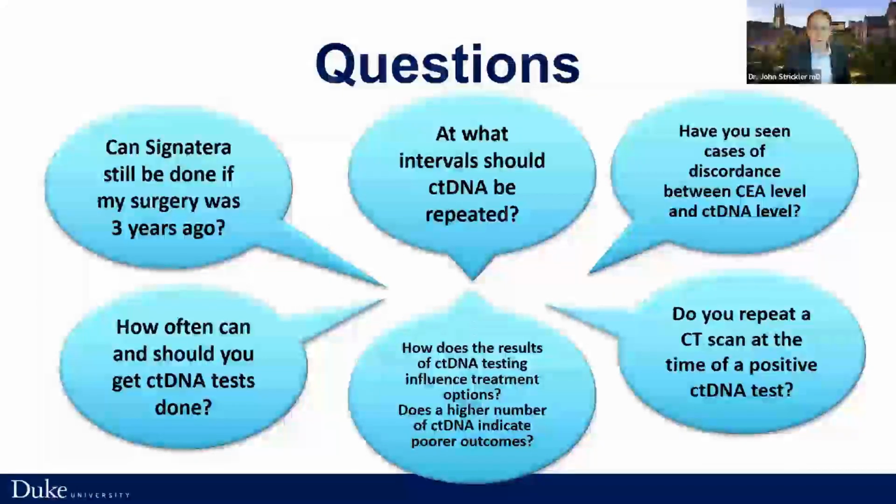And I can't give you a straight answer for how it would influence treatment options, because no two people have the exact same scenario in their lives. But usually I do not order the test unless I have a plan before I order it for what I'm going to do with the result. So it's important before that test is ordered and performed that we have a playbook in place for what to do if it's positive and what to do if it's negative.